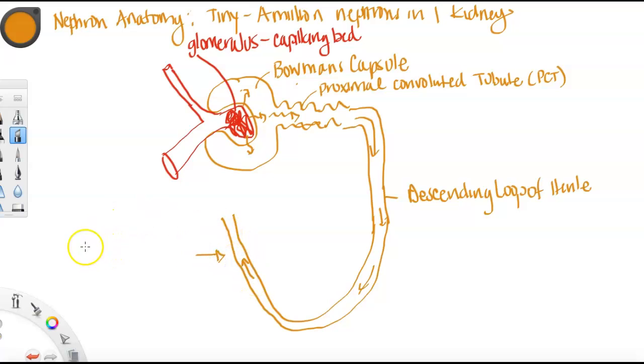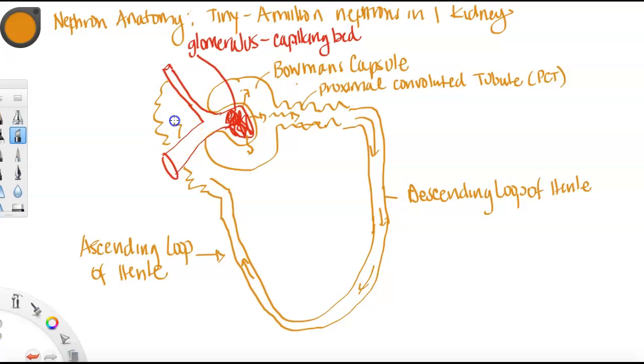And this part that comes back up is the ascending Loop of Henle. It comes over here, turns again, and becomes the distal convoluted tubule, or DCT.